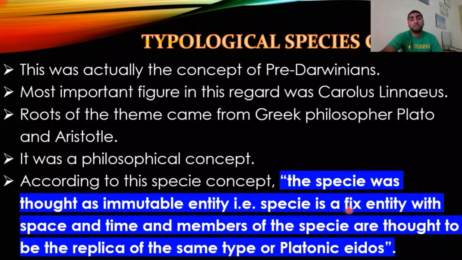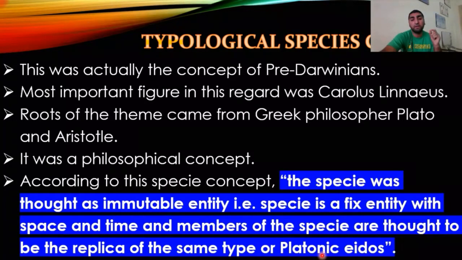Species is a fixed entity. They accepted no changes in species. They thought that species are as they were created, and they will remain the same with time and space. So species is a fixed entity with space and time, and members of the species are thought to be replicas of the same type.